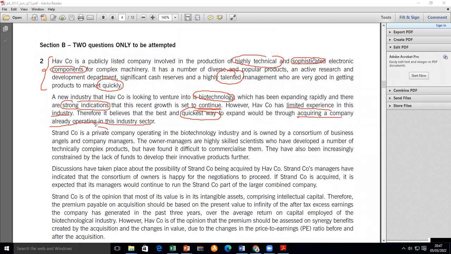S company is a private company operating in the biotech industry, owned by a consortium of business angels, those people who have got money in the city, and company managers. The owner managers are highly skilled scientists who have developed a number of technically complex products but have found it difficult to commercialize them.